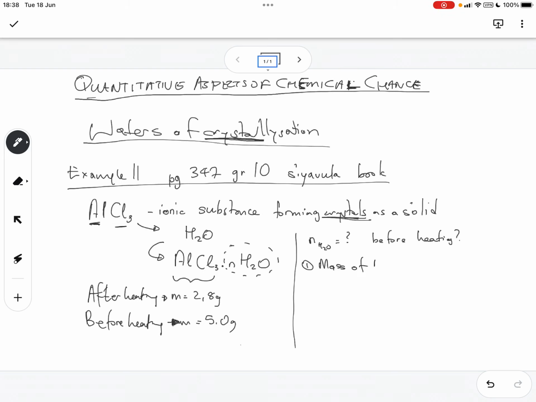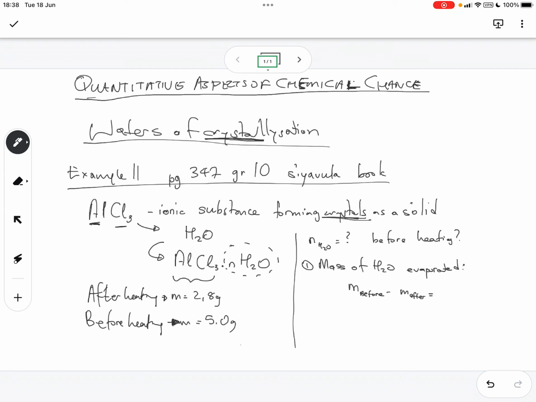So the mass of H2O that evaporated will be the mass before heating minus the mass after heating.